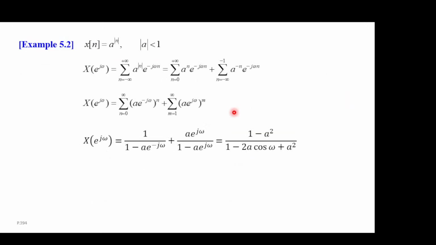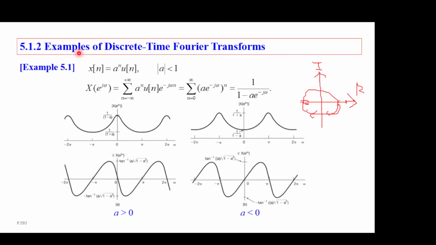Okay, if we buy this, then let's see another example. This example will show a picture on the next page. Now we have a two-sided decay.